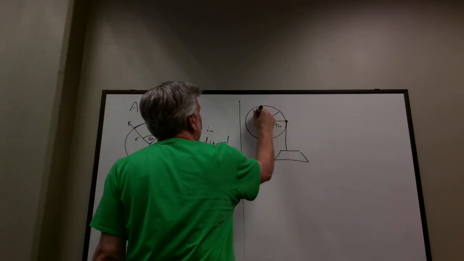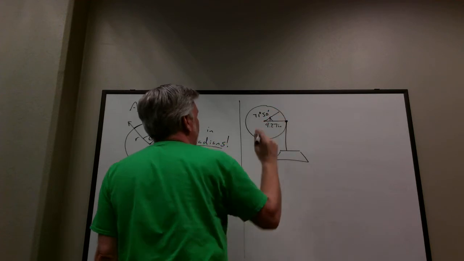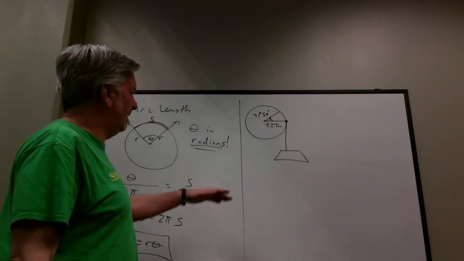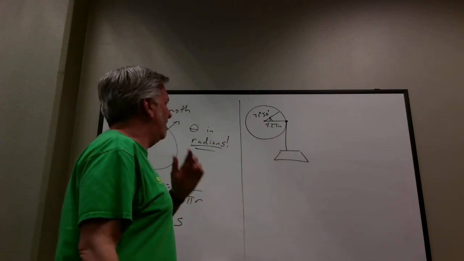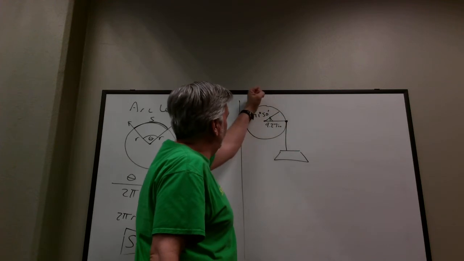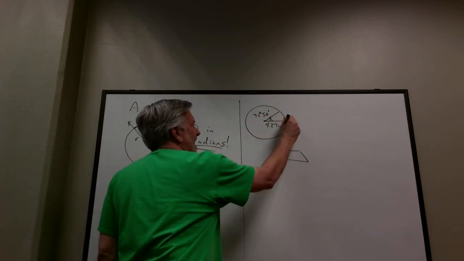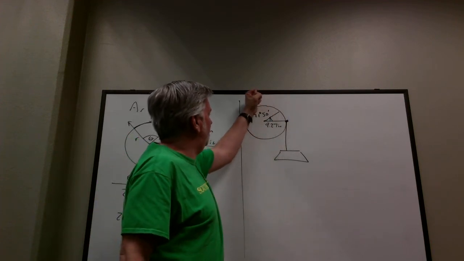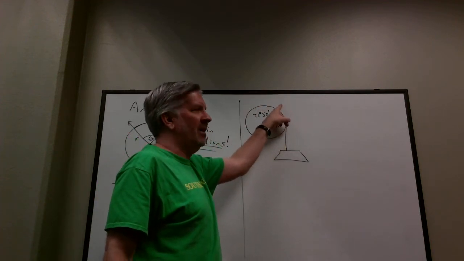So the angle here is 71 degrees 50 minutes. And so how high will the weight rise? Okay, now what's the assumption here? When you turn the handle on this pulley, this rope is attached right here. So where's the rope going to go? When you turn the pulley, the rope is going to start wrapping around the wheel here.